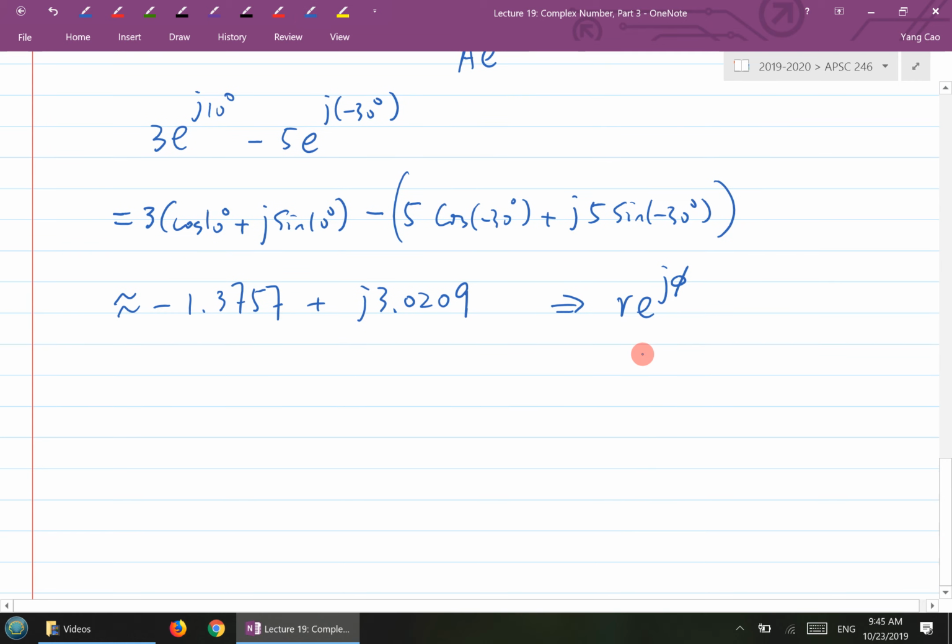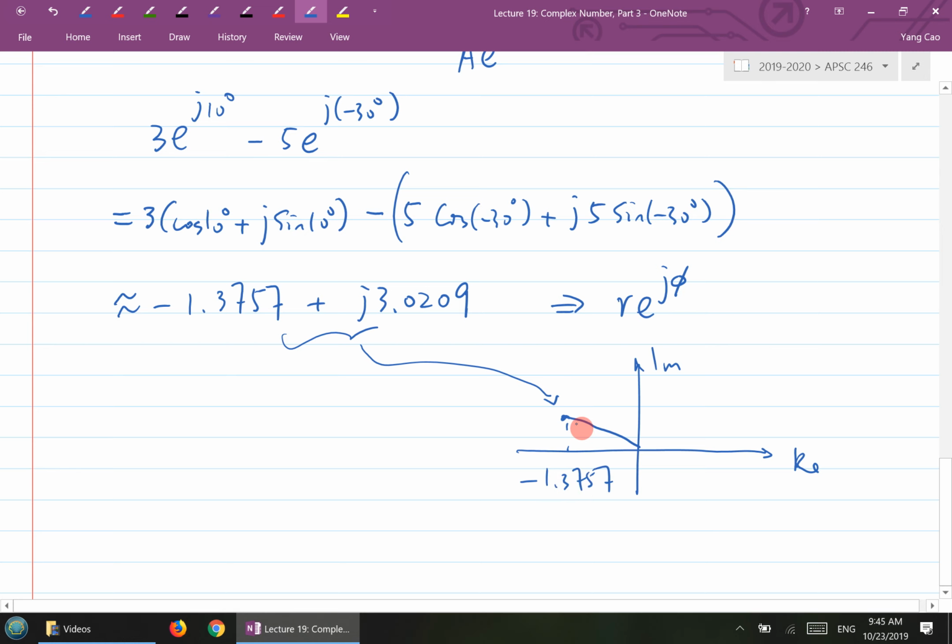So how do I do this? You can roughly plot this. x is negative, y is positive, so this is somewhere here, right? Somewhere here. That's your complex number. Okay. So I need the r, and I also need the theta or phi, whatever you want to call it, right?